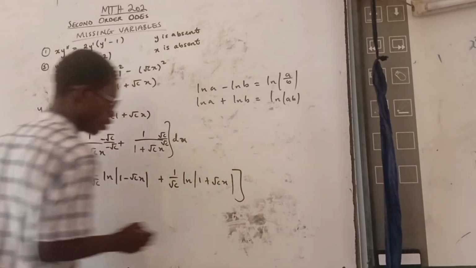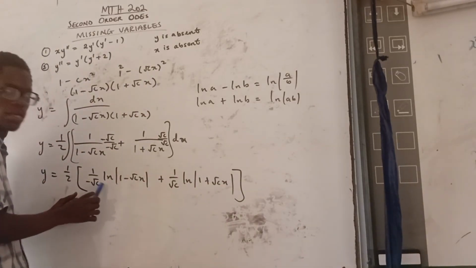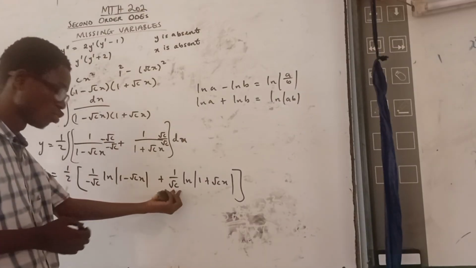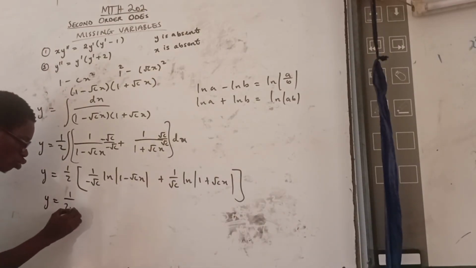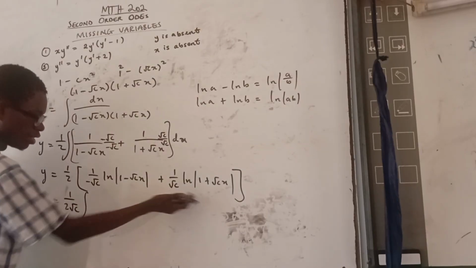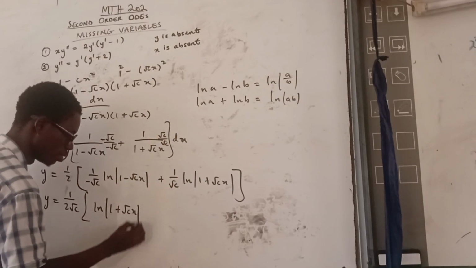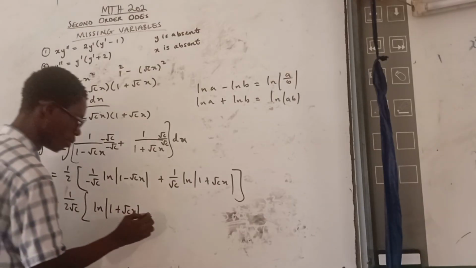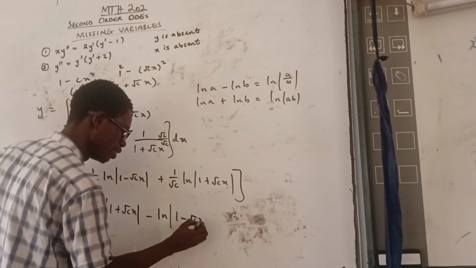Since 1 over root c is common to both of them, let me bring it out. Y equals 1 over 2 root c, ln of 1 plus root cx, minus ln of 1 minus root cx.